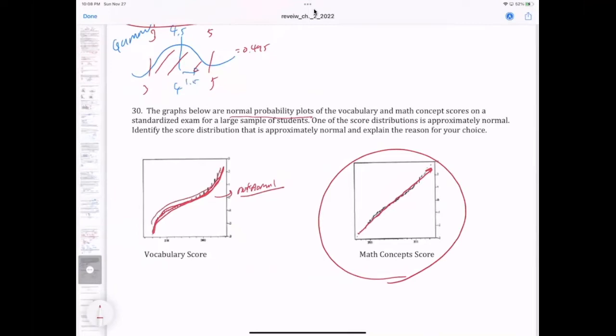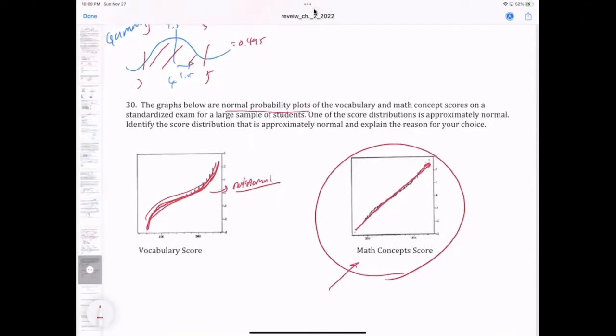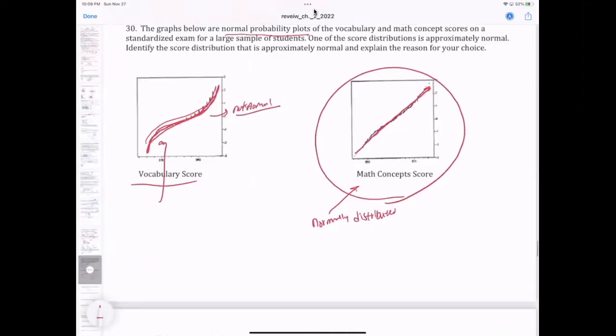You want a steady increase, pretty much a straight line. So the math concept score will be normally distributed because it's linearly shaped, whereas the vocabulary score will not be because of the curves and it's not linear.